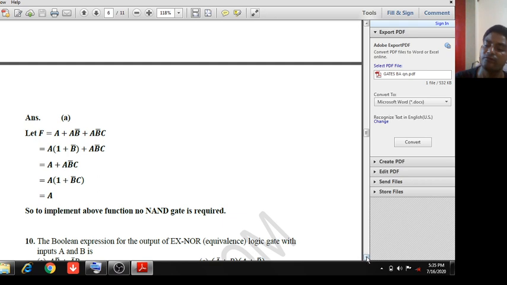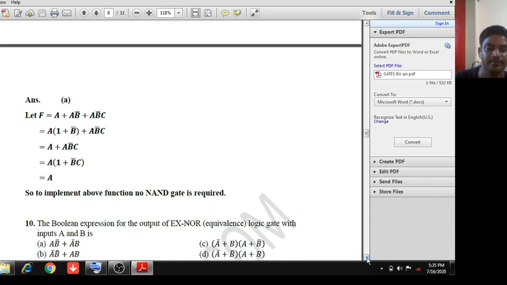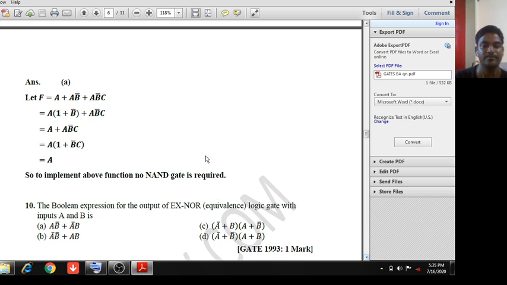Minimum means minimum 0. Next, the Boolean expression for the XOR gate with inputs A and B. In the case of XOR gate, the truth table is 0 0 gives 0, 0 1 gives 1, 1 0 gives 1, 1 1 gives 0.